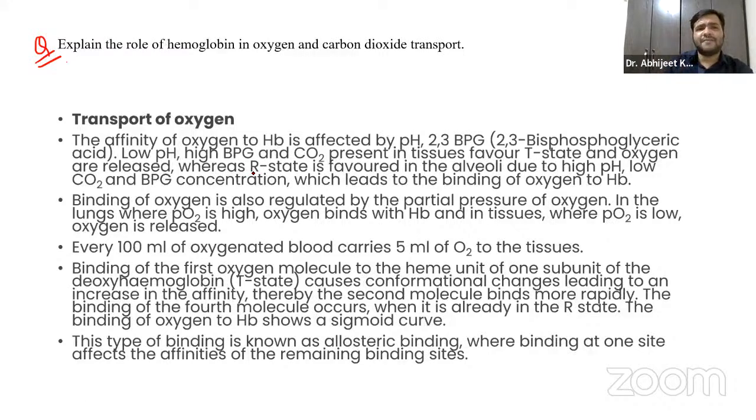So you already know the affinity of oxygen to hemoglobin. It is basically affected by this. Low pH, high BPG, and CO2 present in tissues favor the T state. We have already discussed this R state, T state, right? Binding of oxygen is also regulated by the partial pressure of oxygen, right? Every 100 ml of oxygenated blood carries 5 ml of oxygen to the tissues, right?